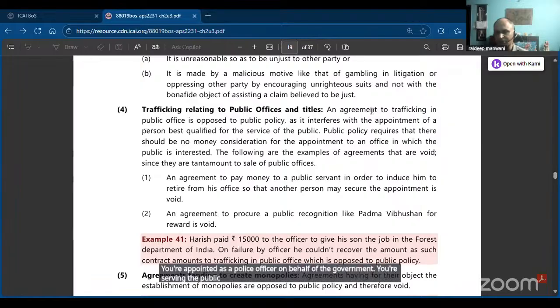You're appointed as an income tax officer.